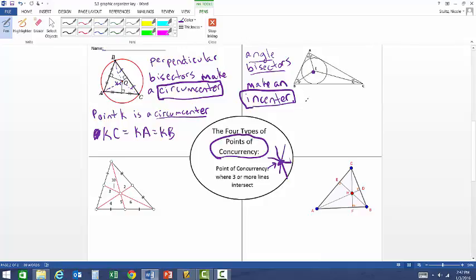But I do want to point out that an incenter basically says that you can make a circle that fits perfectly in the triangle. So we say that this circle is inscribed in the triangle.